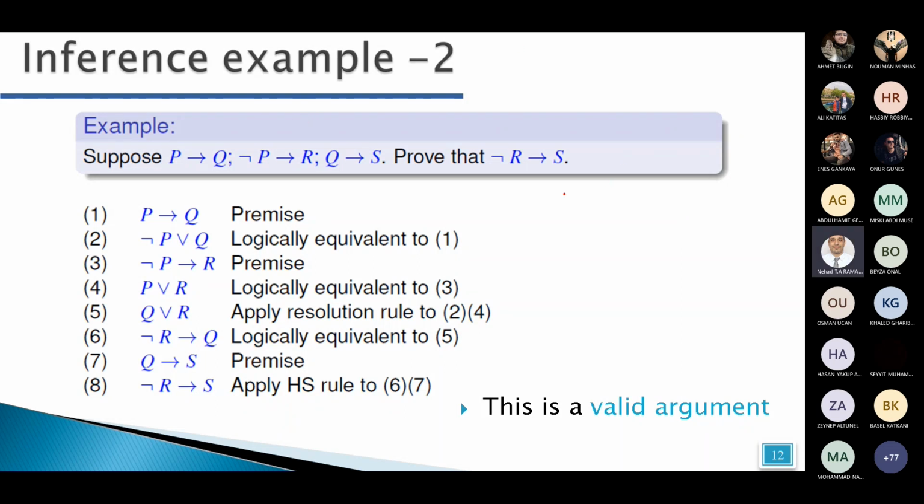Okay, so let's continue. This is another example. This example says, suppose that we give you a set of premises. Prove that, so these premises, this conclusion.